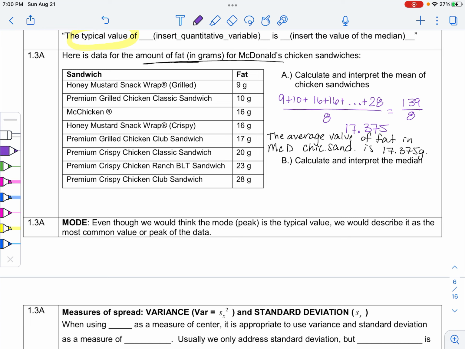Then it says calculate and interpret the median. Well, for the median, we go top, bottom, keep going up, and what we're going to find is we have 2 middle data points. In order to find the median when we have 2 in the middle, we add those 2 together and divide by 2. So this would come out at 16.5.